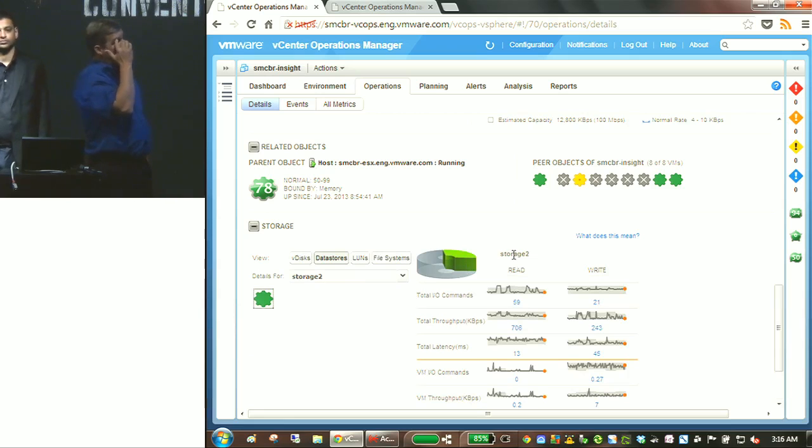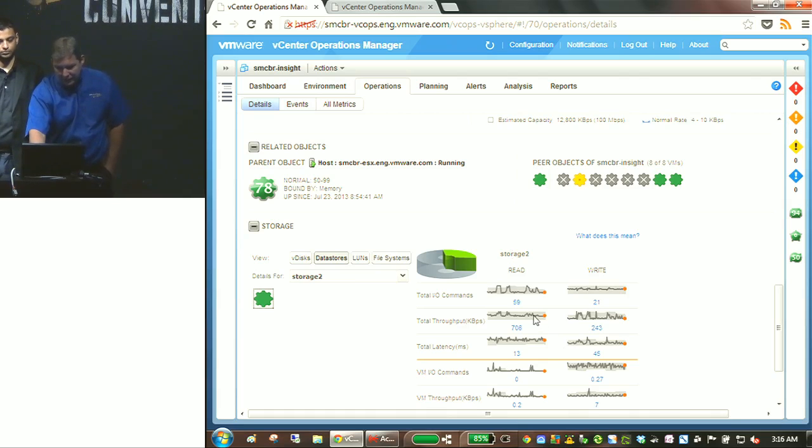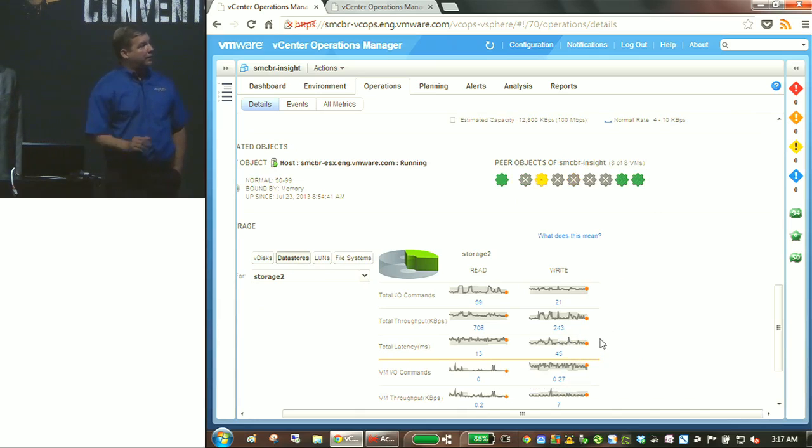And so storage 2 is probably not suited for this VM. It's got not a whole lot of I/O commands, and throughput is not too bad, but the latency is pretty high on the writes. I got 45 millisecond latency. Since this VM is doing a lot of reads and it's getting latency on the writes, it's probably configured wrong for this VM.